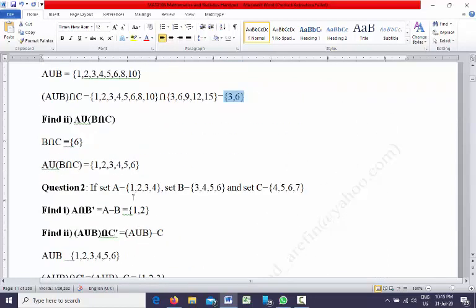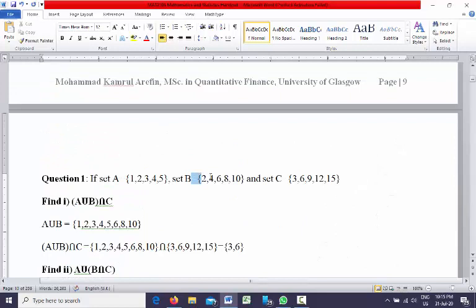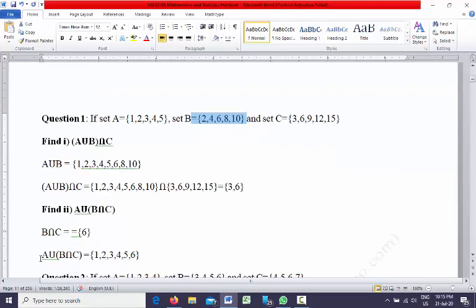Now we want to find A union, bracket, B intersection C. As I said before, we need to first solve the bracket portion, that means B intersection C. This is set B, and then we have an intersection, and we want to find B intersection C. This is C. We want to find common elements between these two sets.